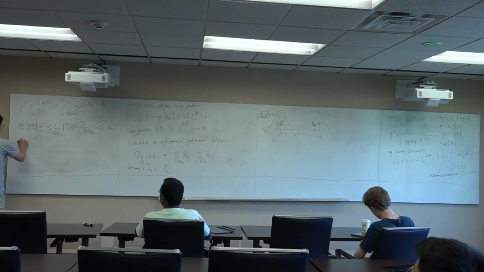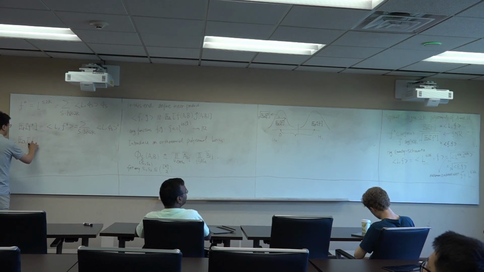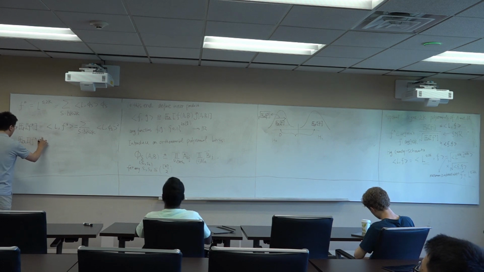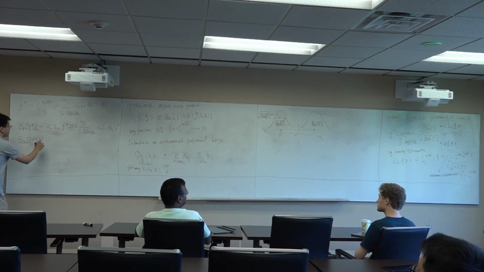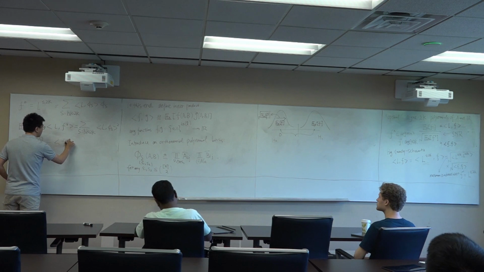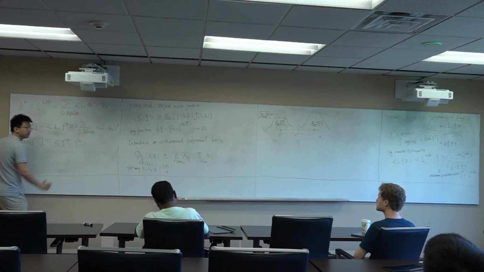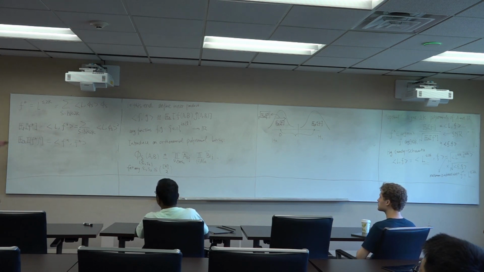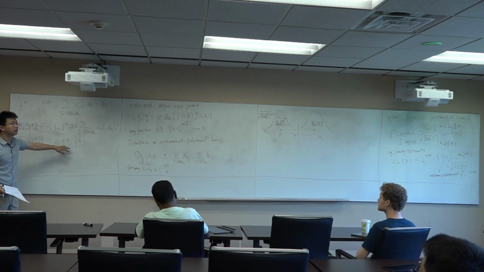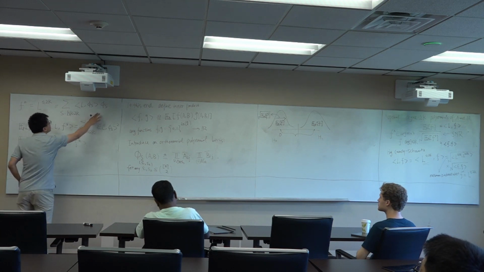You can also try to evaluate now the second moment of f star under distribution Q. This is just the inner product of f star with respect to itself, right? Okay, so now phi S is also a normal basis.